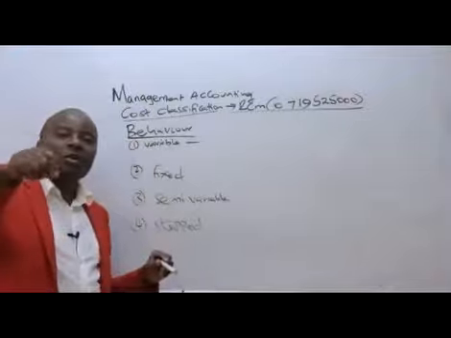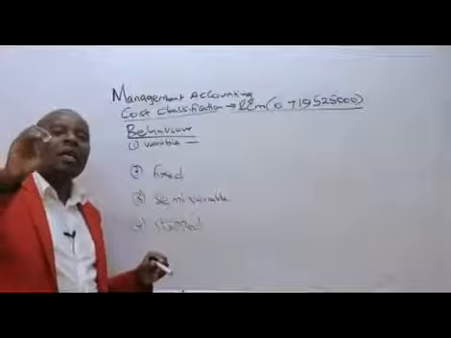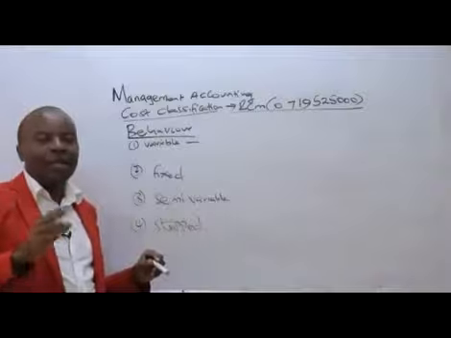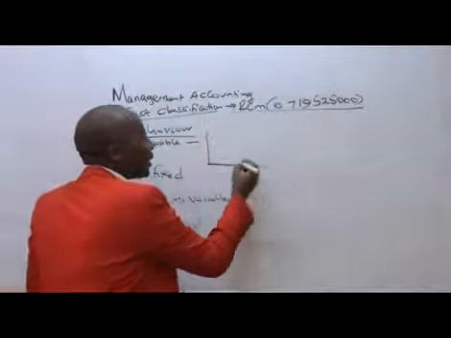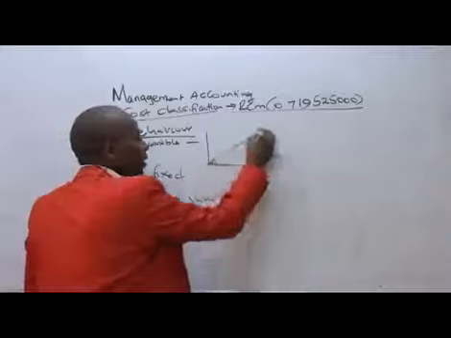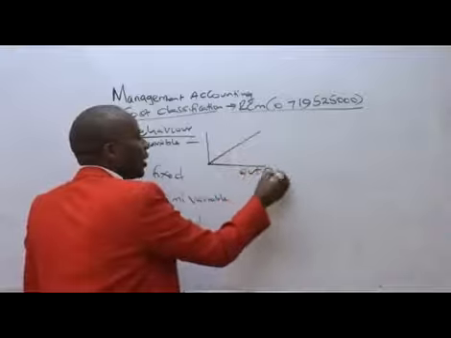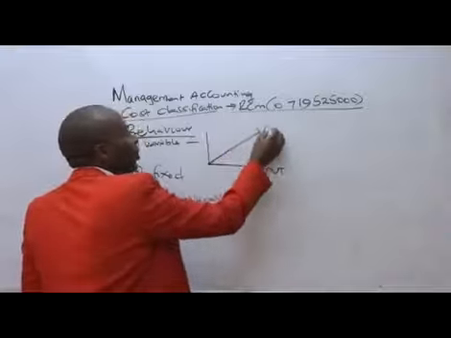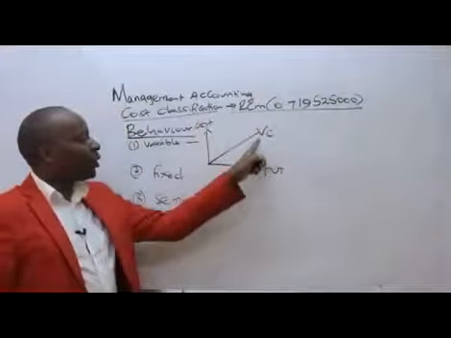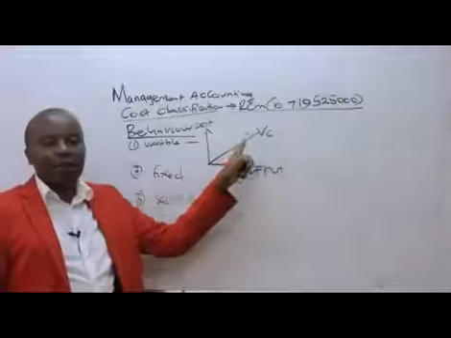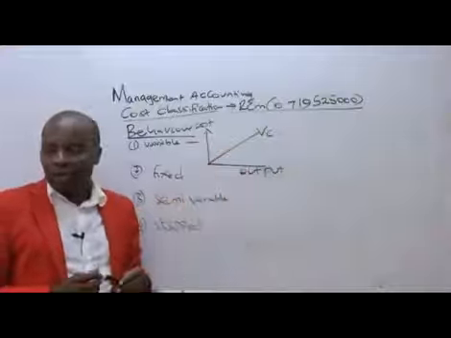These are those costs that change as the output changes, and normally they'll have a direct relationship. If this is output, then variable cost will behave like this. You can see as the output increases, variable costs are increasing.